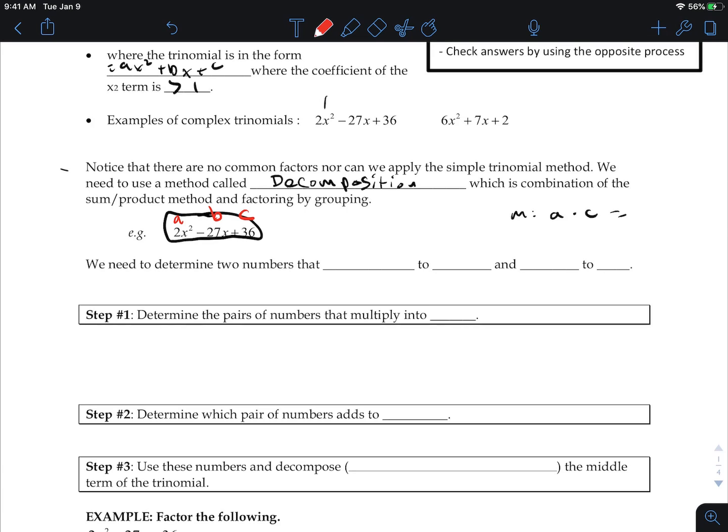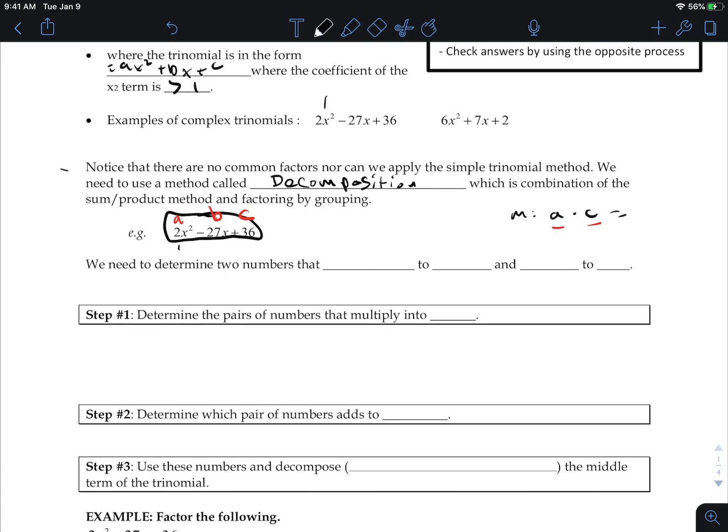So even if there's a 1 in front of the x squared, you're always checking a times c to be what the multiple is, right? The nice thing with the simple trinomials is it's just 1 times the c value. That's what makes it simple. This one is no longer simple in the sense that this value is not 1 anymore, right?